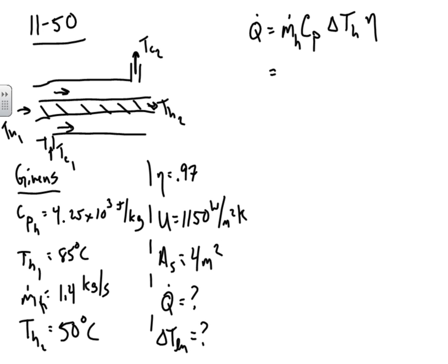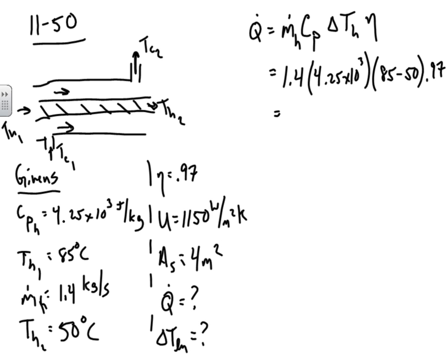So we know that mass flow rate is 1.4, Cp is 4.25 times 10 to the third, and the temperature difference of the hot water, we have 85 degrees Celsius minus 50 degrees Celsius, and then we multiply that by the efficiency of 0.97.